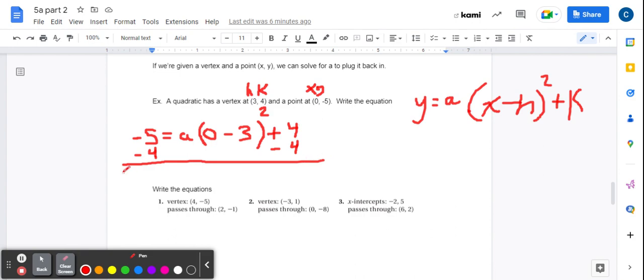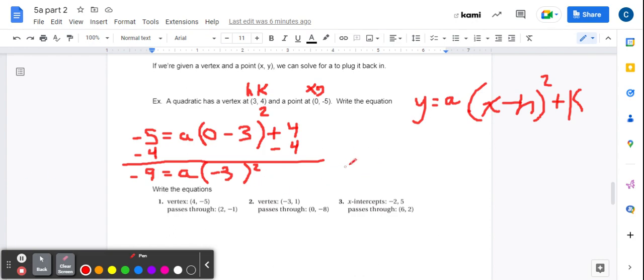We've got to get a by itself. Negative 5 minus 4 is negative 9. And then we have a times negative 3 squared. So we have 0 minus 3 squared, so a times negative 3 squared.